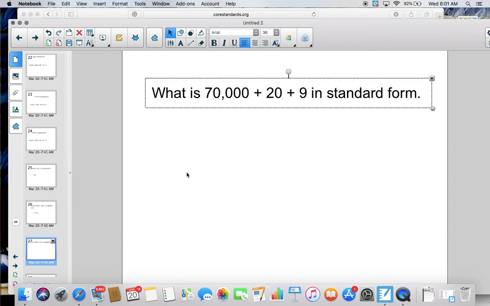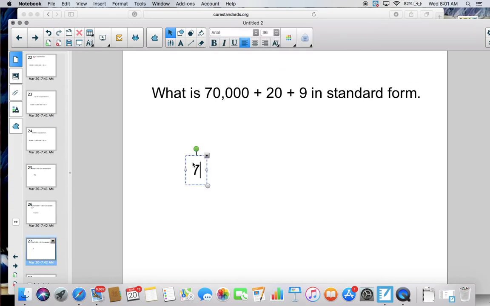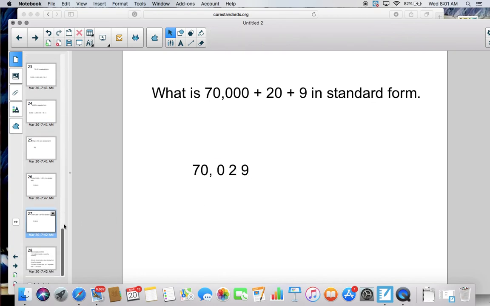Try this one. What is 70,000 plus 20 plus 9 in standard form? Click pause. Try it on your own. Welcome back. So we put a 7 to hold that place in the 10,000s. Nothing in the 1,000. Nothing in the hundreds. 2 in the tens. 9 in the ones. Final answer, 70,029.